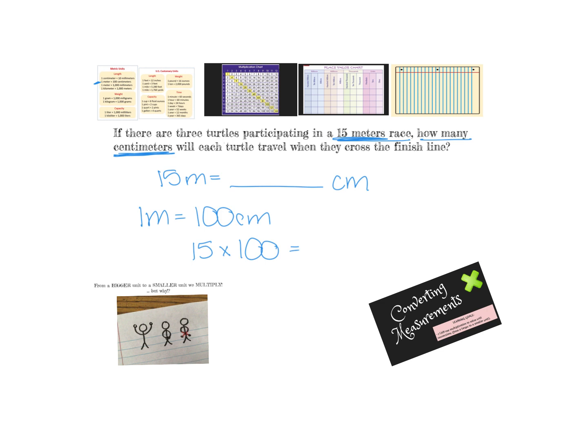Using my knowledge of multiplying by multiples of 10, I can quickly see that 15 times 100 is 1,500 centimeters. The turtles will each travel 1,500 centimeters. Excellent work. Hopefully now you can see both how and why we use multiplication to solve unit conversion problems where the larger size unit is being converted into a smaller unit.